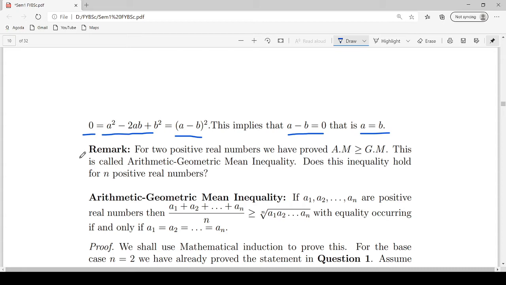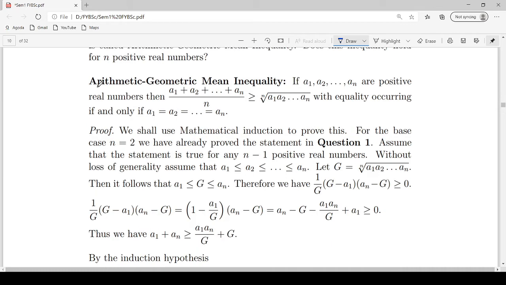And further, the arithmetic mean will be equal to geometric mean if and only if all those n positive real numbers are equal to each other. Can we say this? And the answer is yes. And this statement is called the arithmetic mean geometric mean inequality.